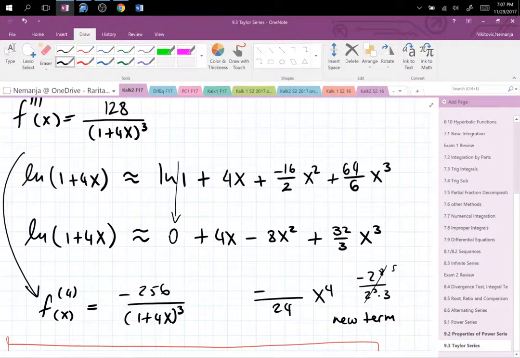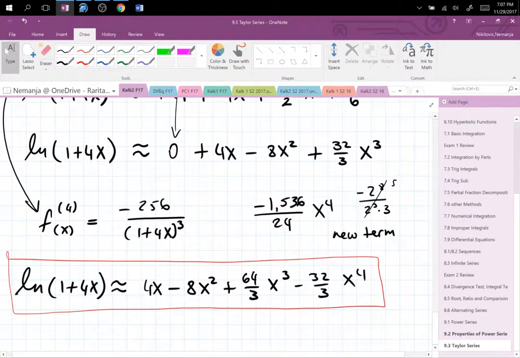That's what it is. 128 times 12 is 1,536. And we divide that by 24. It would just be 64. Great. All right, problem fixed. Thank you.